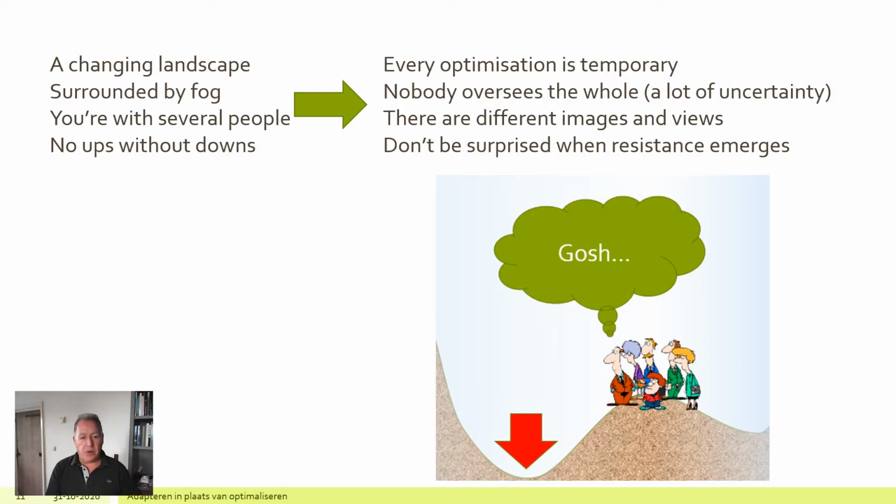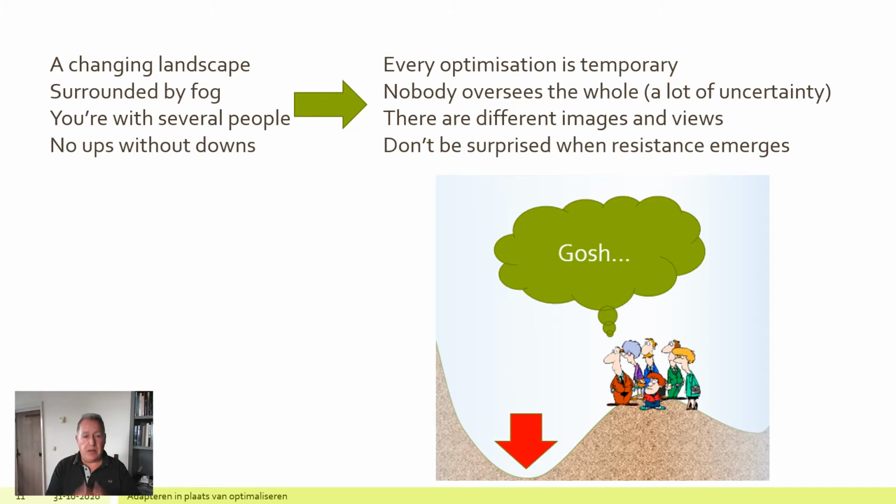I showed you 4 characteristics of a complex issue. There's a changing landscape, so every optimization is temporary. You're surrounded by fog, so nobody oversees the whole. There's a lot of uncertainty and sometimes we talk about structural uncertainty. You're with several people, so there are different images and views about how to act.